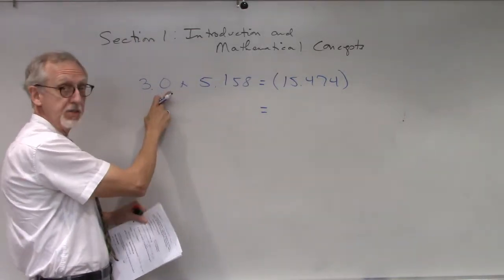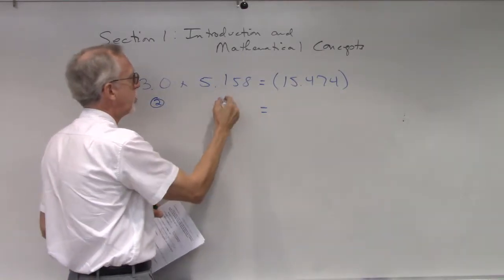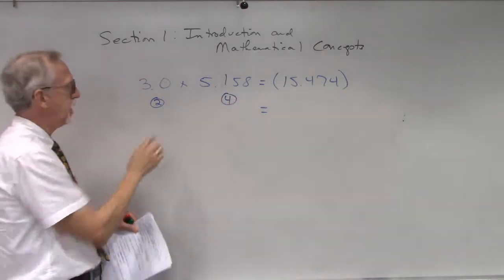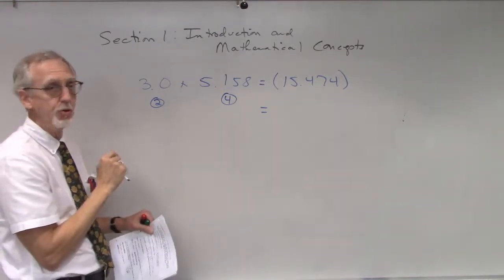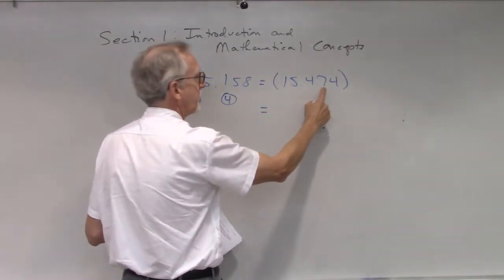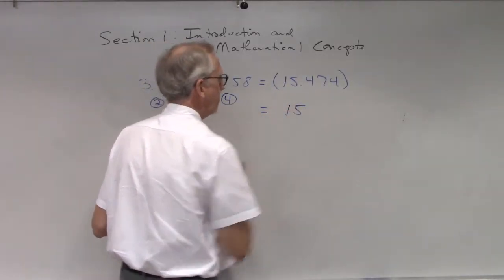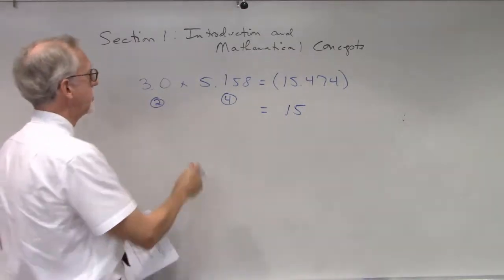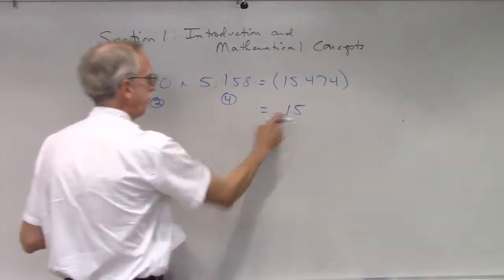There's a decimal point, so that's significant. We've got 2 here. How many here? 1, 2, 3, 4. So how many can we keep? We've got 2 and 4. 2 is smaller, so we can only keep 2. So what is 15.474 with 2 sig figs? It's just 15. There's our answer. 3.0 times 5.158 is 15.